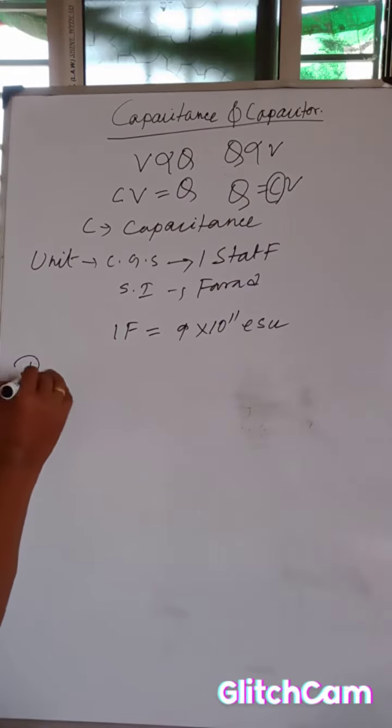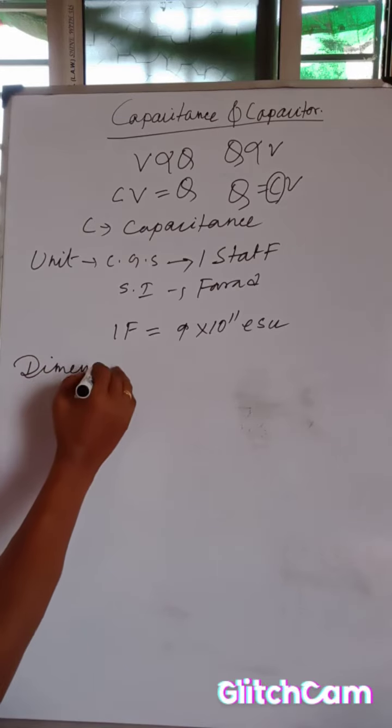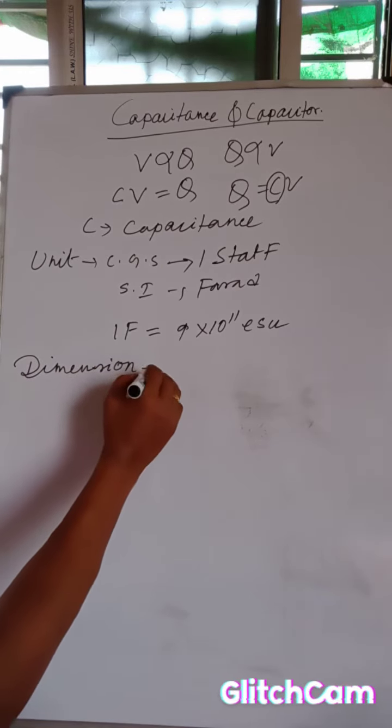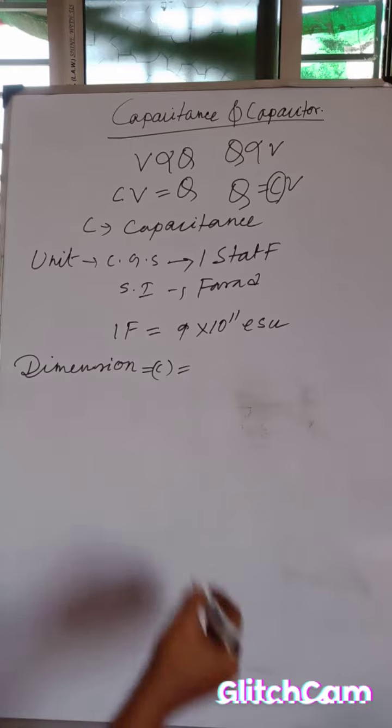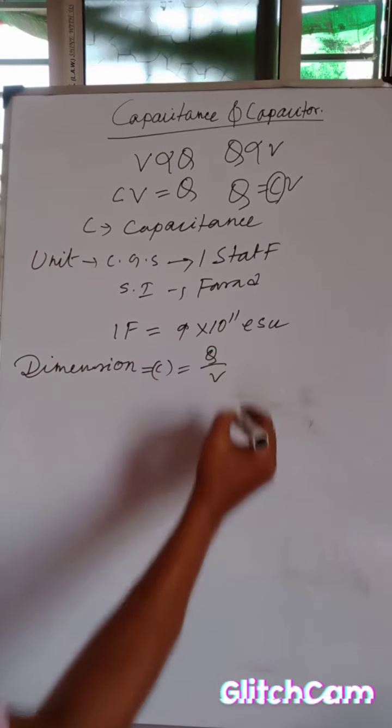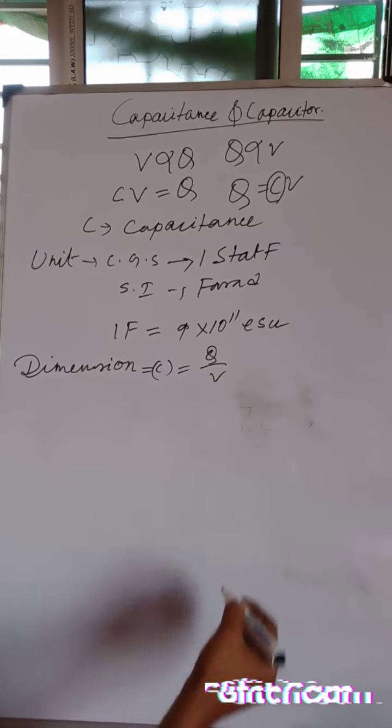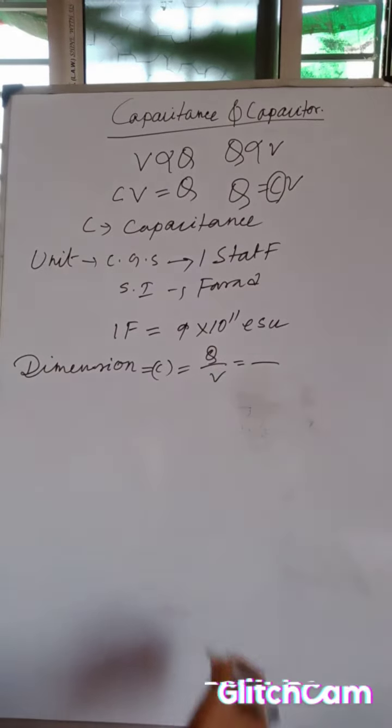Now how can we evaluate the dimension of capacitance? Dimension of C: C equals Q by V, and V equals W by Q, since W equals QV.